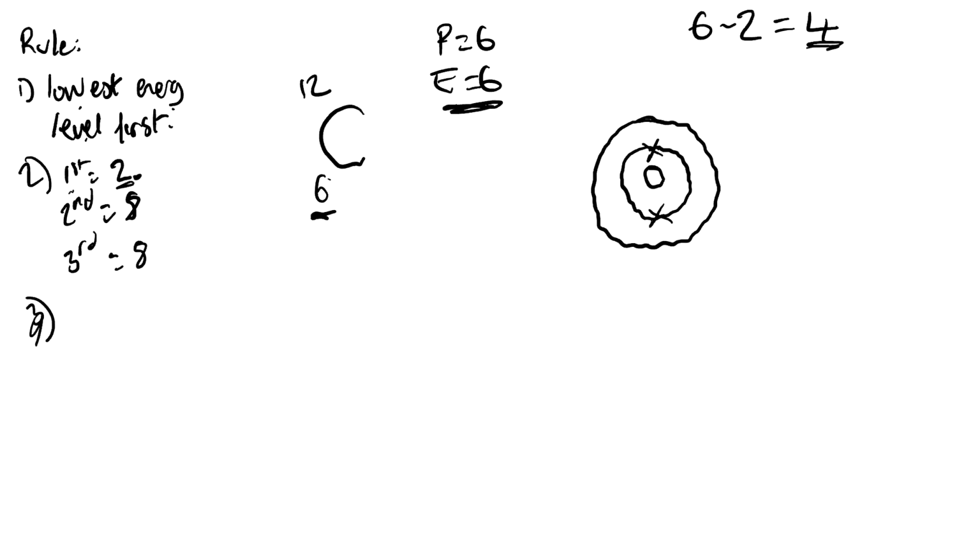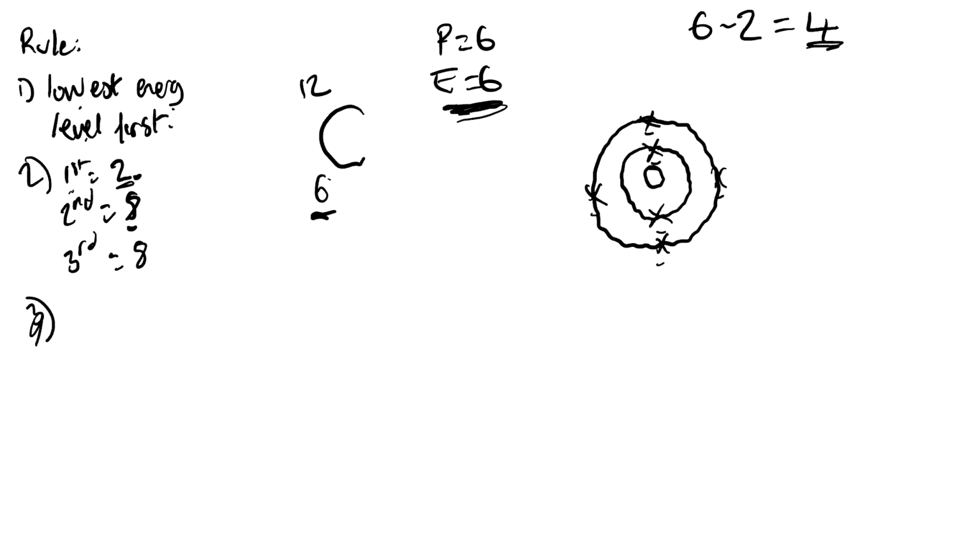The second shell can have 8, so it will be able to fit those 4 easily, so we can draw it as 1, 2, 3, 4. And that is now the electronic configuration for carbon. We just double check by counting them up: 1, 2, 3, 4, 5, 6. 6 electrons, therefore that is going to be correct.